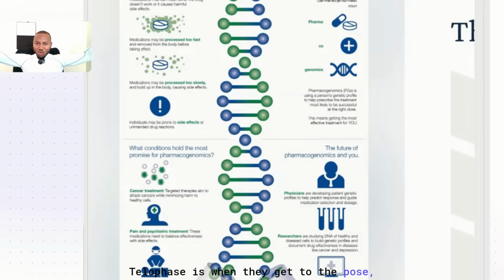Telophase is when they get to the poles, then before cytokinesis, where they break. So here, the answer is what? Anaphase. It can't be metaphase. Metaphase is the middle. All of them are lining up according to their height. It can't be prophase. Prophase is the condensing, preparing, and all those things. It can't be G2. It can't be S. That's DNA replication. So the answer is what?